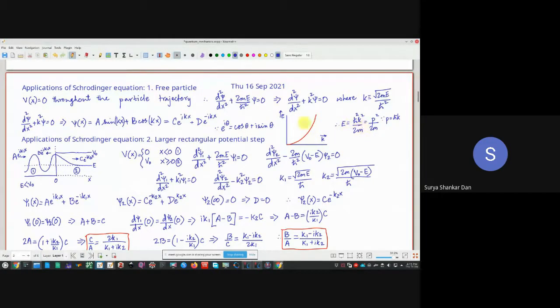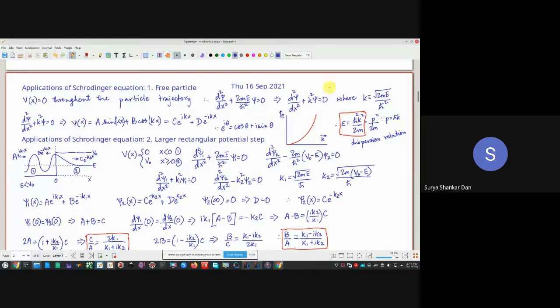This is also called the E-K diagram, and this relation is a very important one. This is called the dispersion relation. You don't have to know this as a device engineer, but in solid state physics, people are very much interested in this dispersion relation.